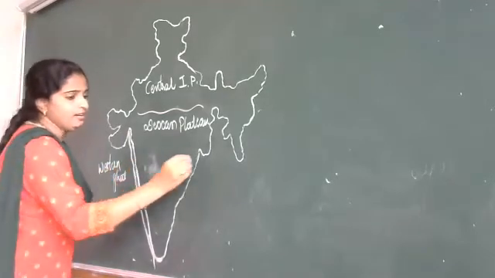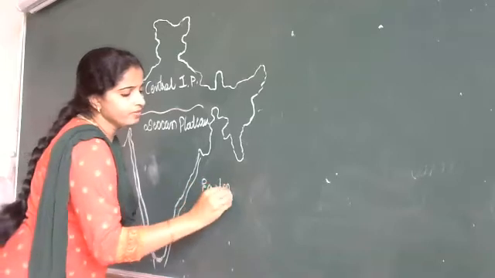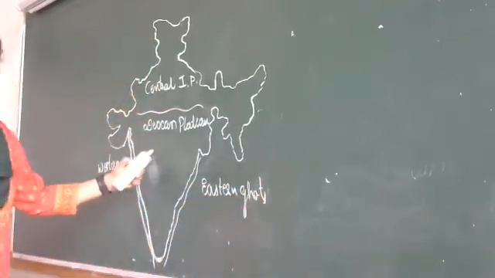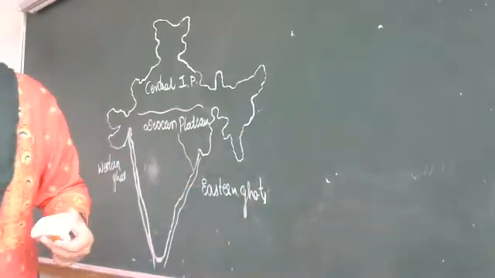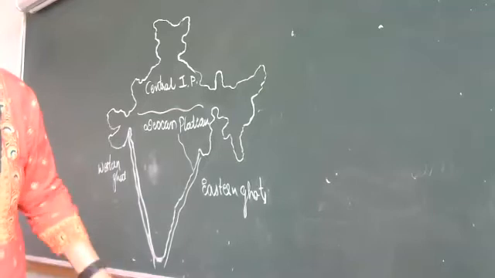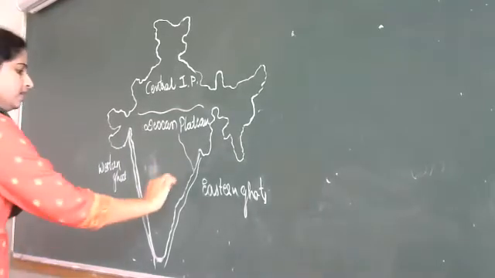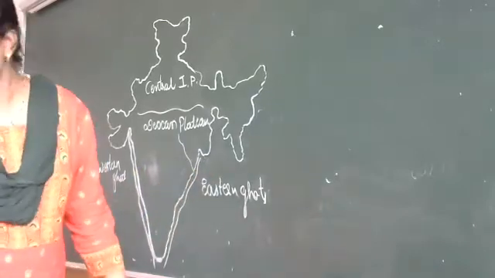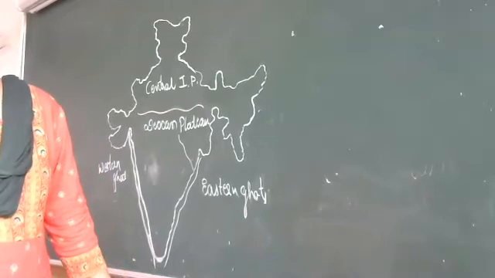Western Ghats, and this part is called Eastern Ghats. Okay? And here we can see the Godavari river, Kaveri, Krishna. These are the rivers which flow here, and finally they drain into the Bay of Bengal.